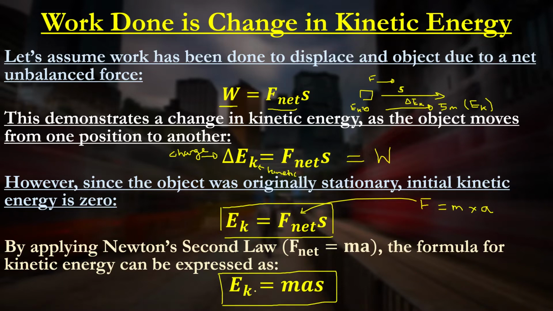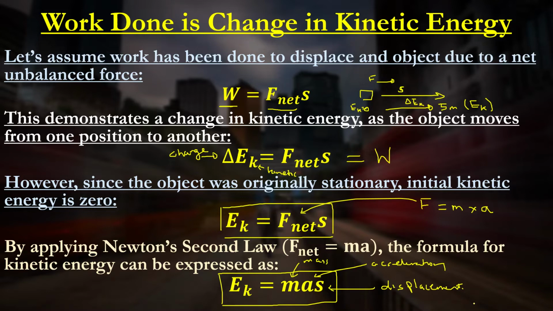So we say that kinetic energy can be affected by the mass of the object, the acceleration from 0 to whatever displacement it ends up achieving, and also the displacement. So these three factors will affect the amount of kinetic energy the object obtains.